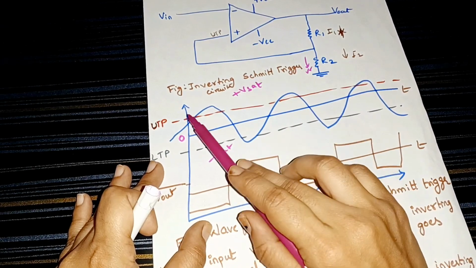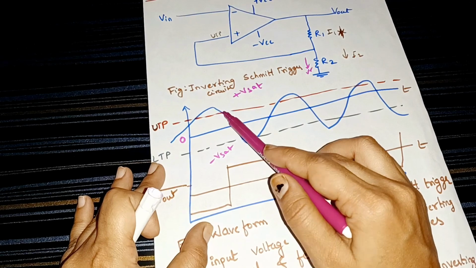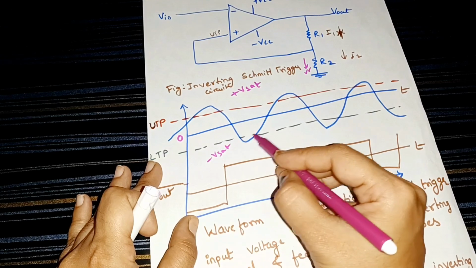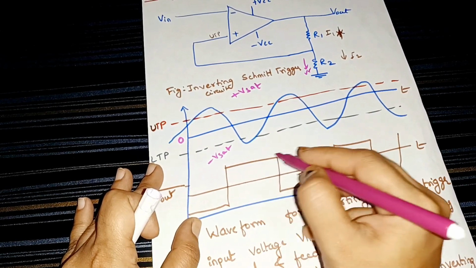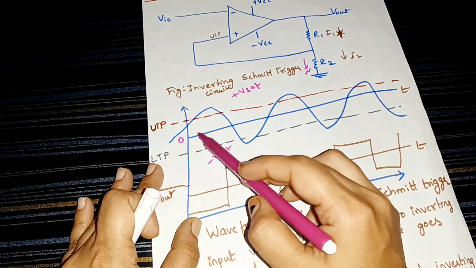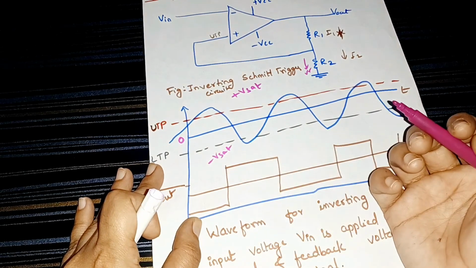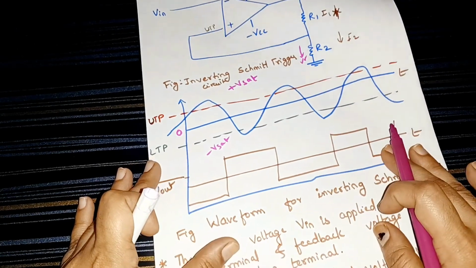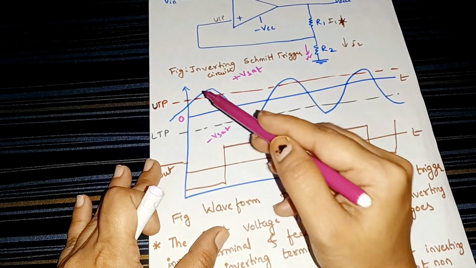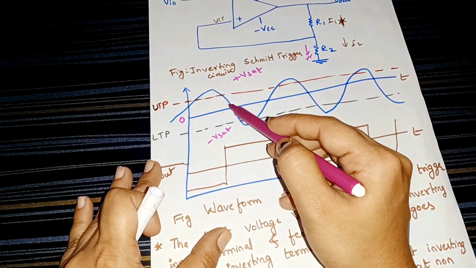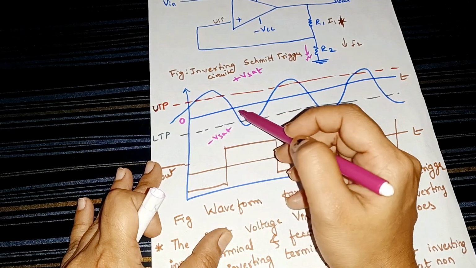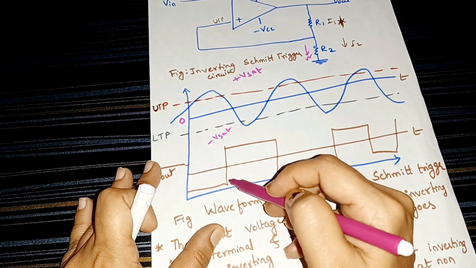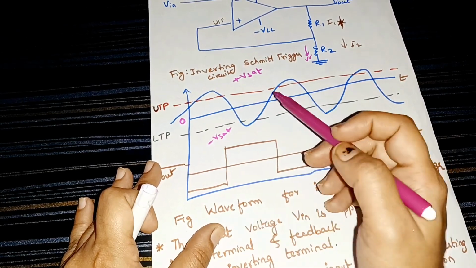At the inverting terminal, when there is a positive sine wave, we get the output in negative form. When we have negative input, we get positive output. So when the sine wave is at the upper triggering point, the square wave converts into the lower triggering point because it is the inverting terminal.